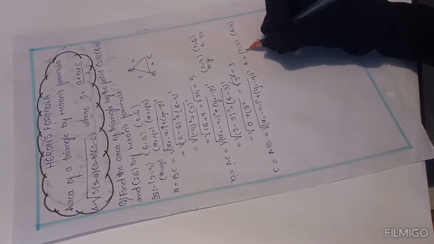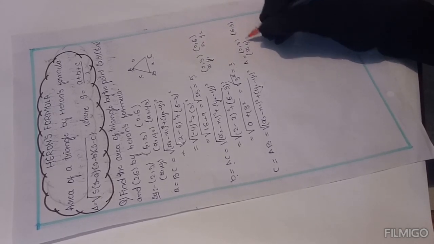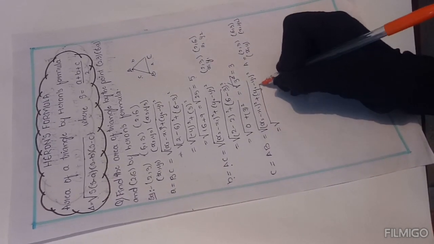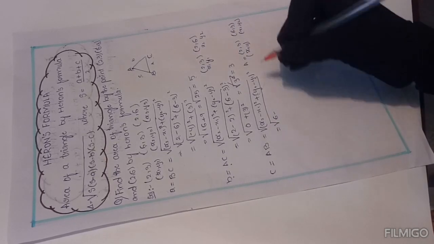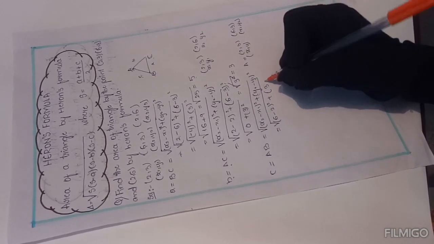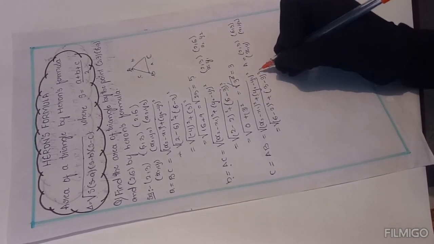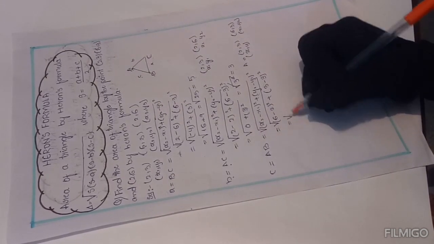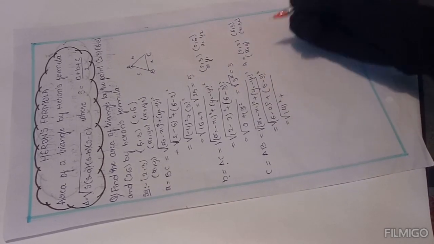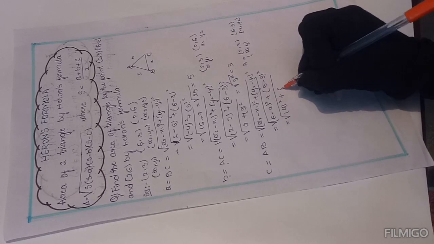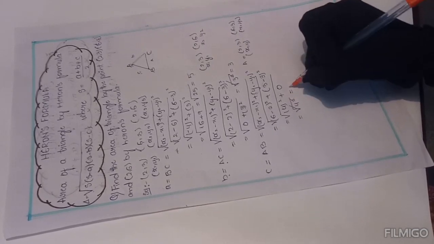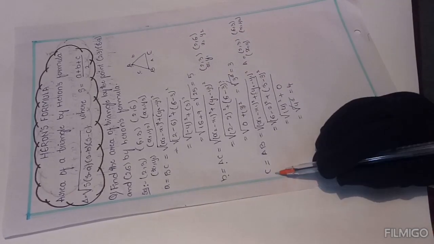The value of x2 is 6 minus the value of x1 which is 2, whole square, plus the value of y2 which is 3 minus y1 which is 3, whole square, under root of 6 minus 2 which is 4 square plus 3 minus 3 which is 0, and 0 square is nothing but 0. So under root of 4 square, the square root gets cancelled, we get 4. Hence the value of C is equal to 4.